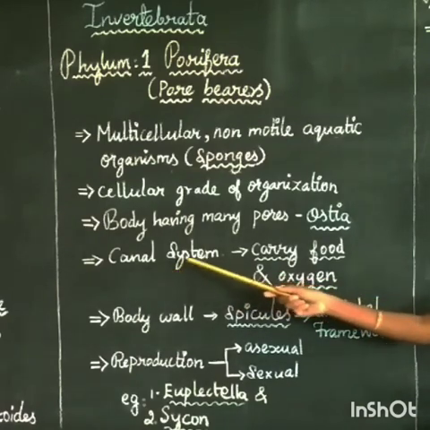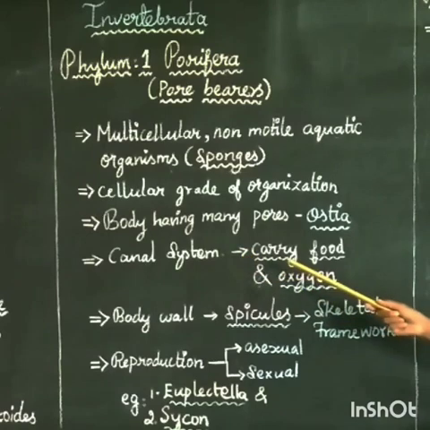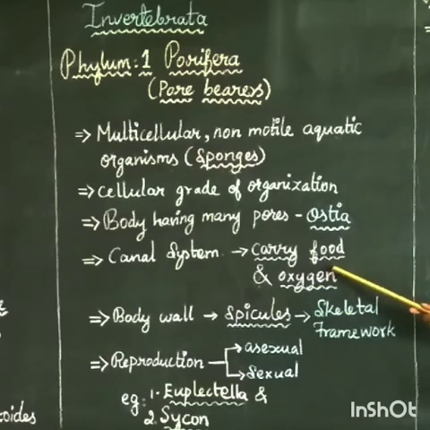What is the function of this system? It carries food and oxygen through the water. It is an aquatic organism, no? Through the pores or ostia, food and oxygen enter, the food is utilized, and the water comes out.